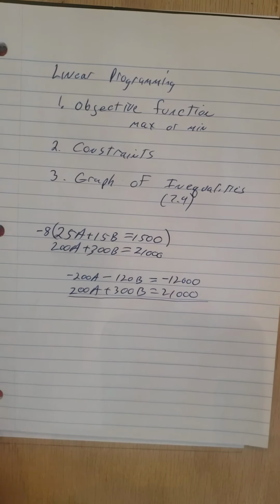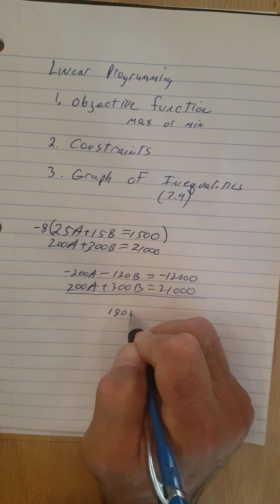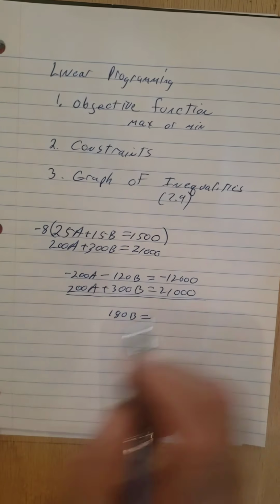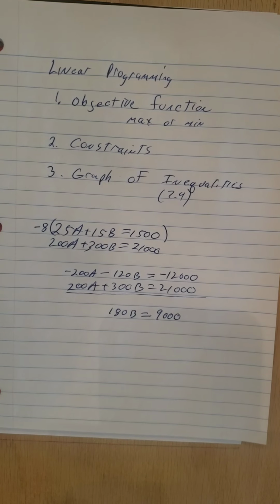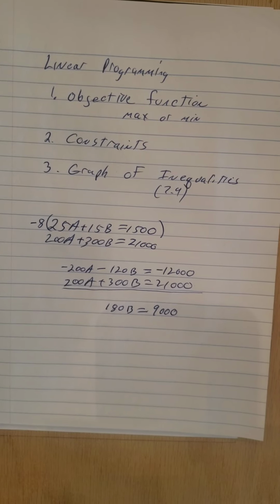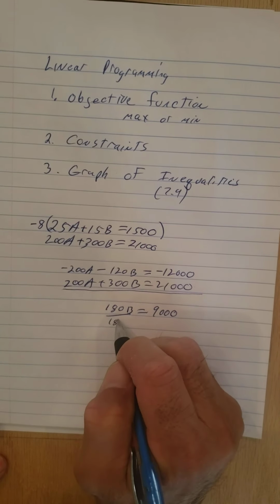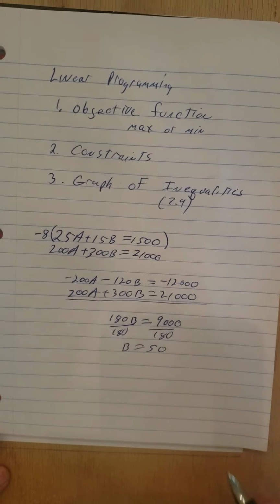The A's cancel, which is what I want. 300 minus 120 is 180B equals 9,000. So solving for B, I'm going to divide both sides by 180, and I get B equals 50.